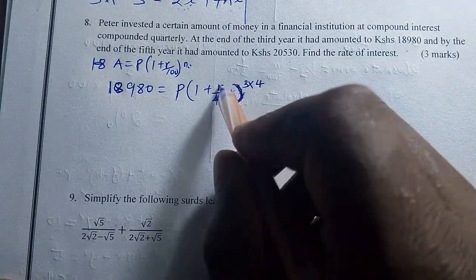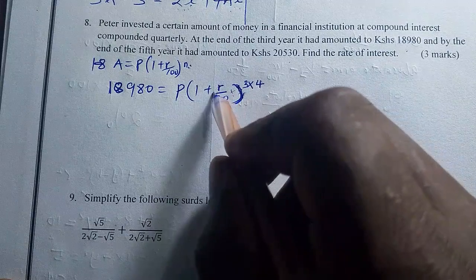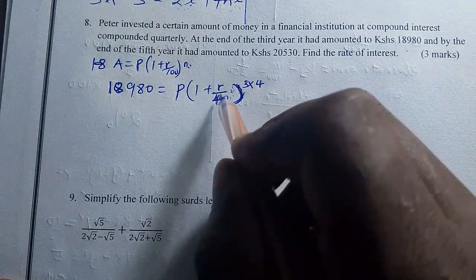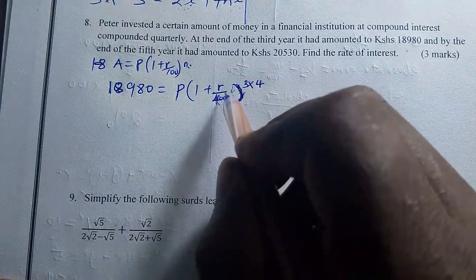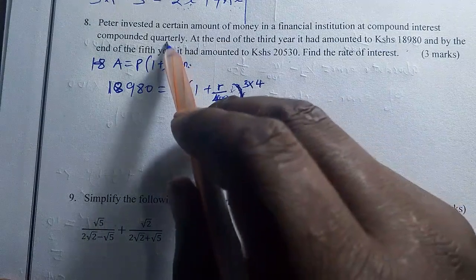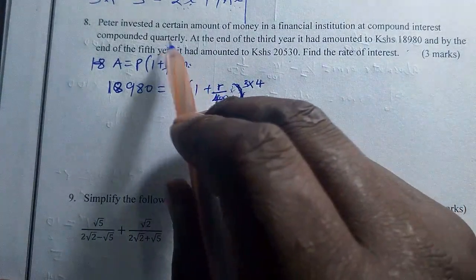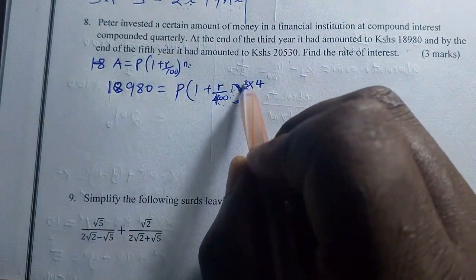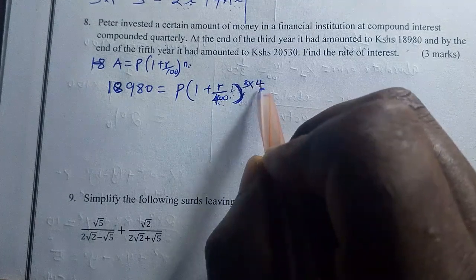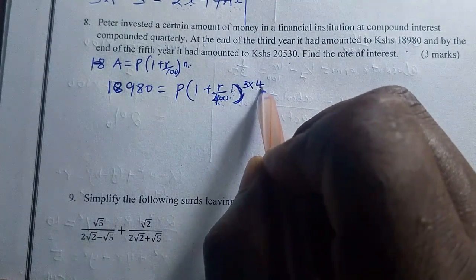So r times 1 over 4 over 100 will be r over 400. Then the 4, you multiply with the n. Our n was 3 times 4, which is going to be 12.